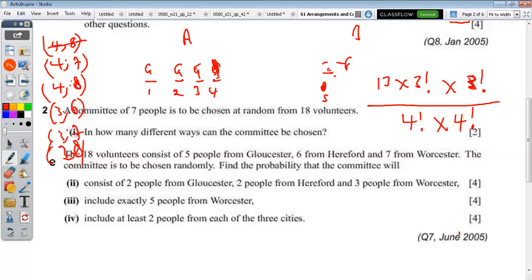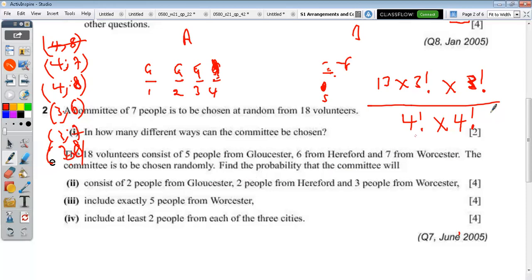So it's 13 times 3 factorial times 3 factorial over 4 factorial times 4. So this equals 13 over 16. Okay, this is confusing me a little bit, how we got to the final answer.